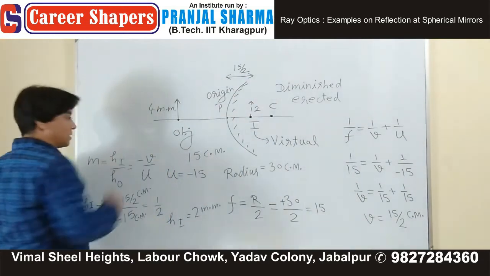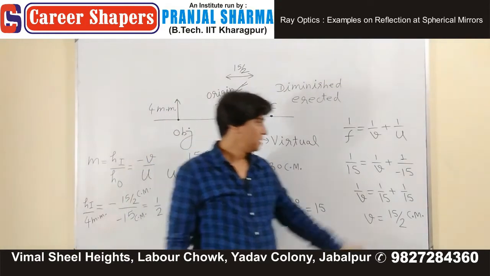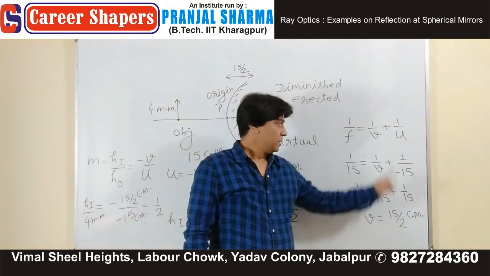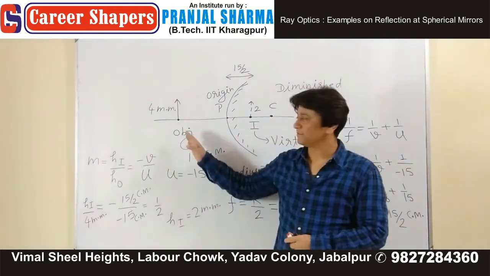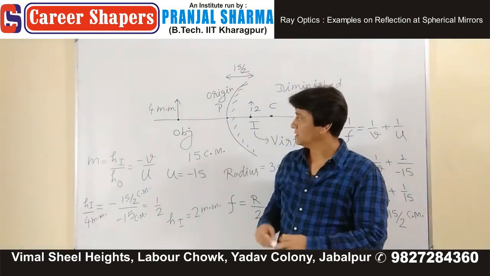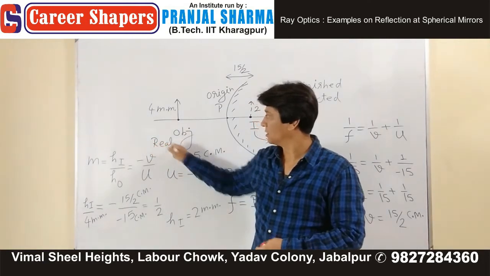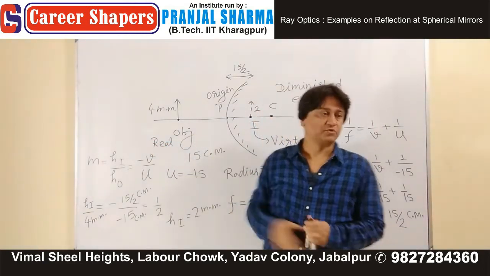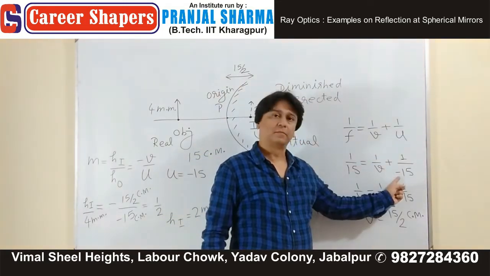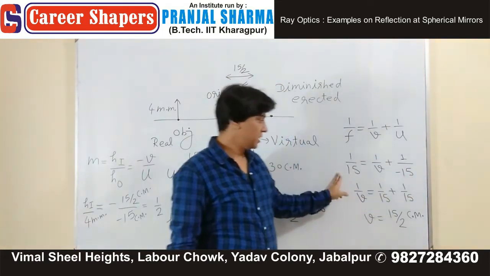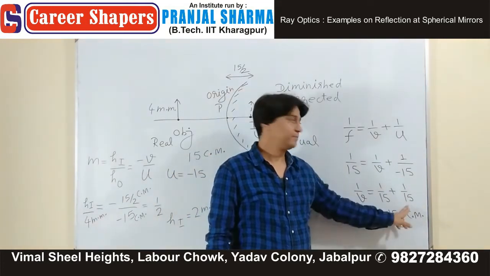Now, notice this part. If the object is real, that is on the left side, it's a real object. If the object is real, U will be negative. So when you shift this thing over here, they both are now positive.